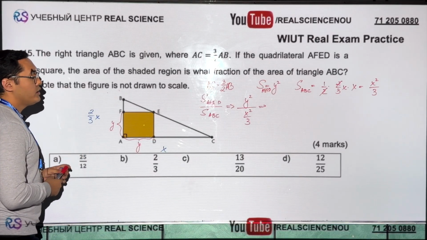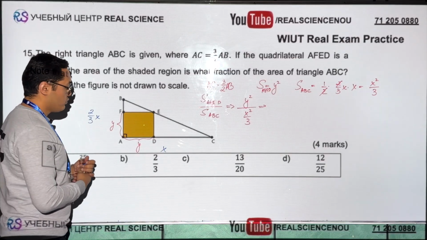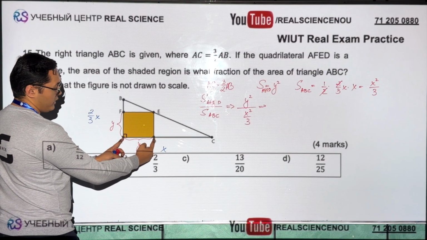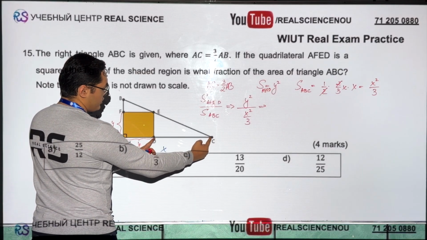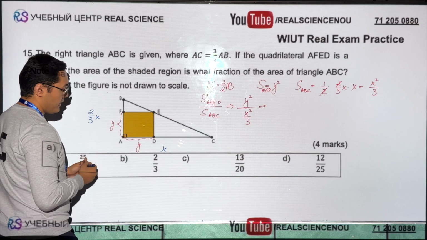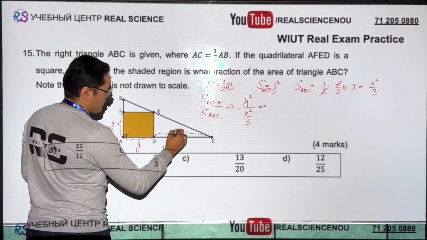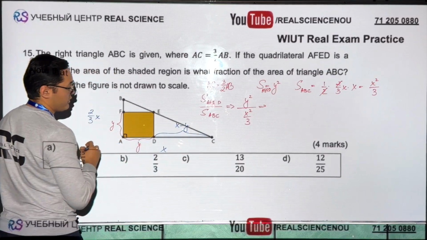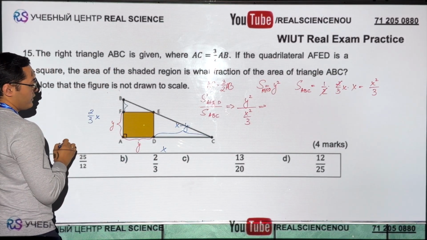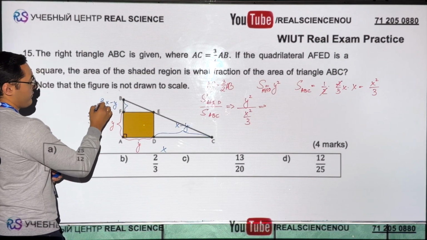And to do that, we need to use the similarity of triangles. Because we said that AD, the side of the square, is equal to y, this side DC is going to be the whole AC minus AD, which makes it x minus y. When it comes to BF, this is basically 2 over 3x minus y.